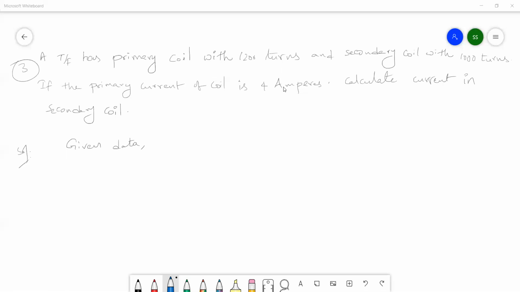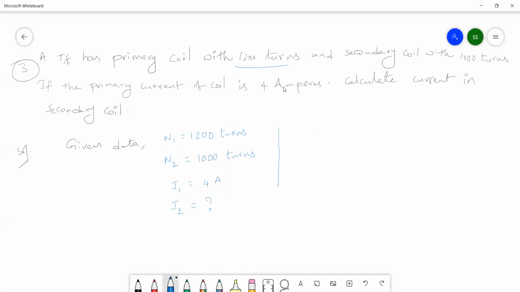N1 is equals to 1200 turns, right? N2 is 1000 turns. Next, I1 is 4 amperes. Very good. Primary current I1 as 4 amperes. Now we need to calculate I2. So what is the formula to calculate I2?